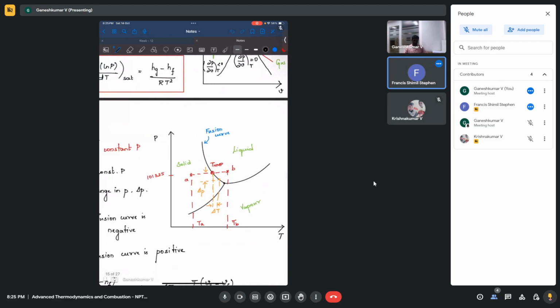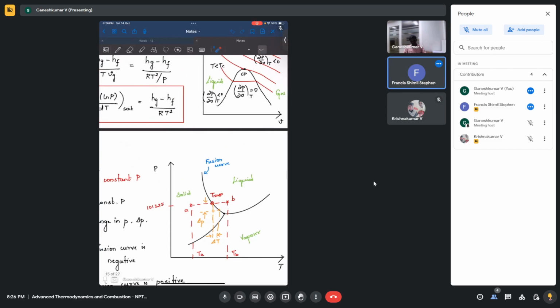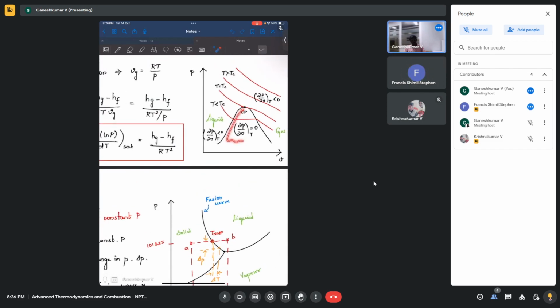Yes, sir. So here, can we locate the dome, I mean the mixture region? You were telling this region, is it? This dome. Yes, sir. You want to locate it here. Yes.